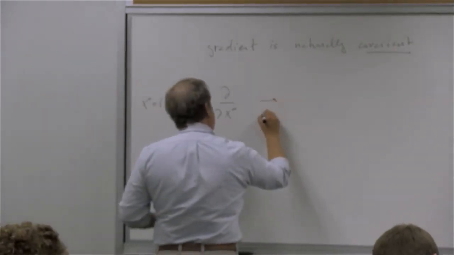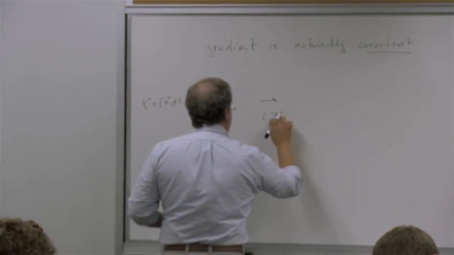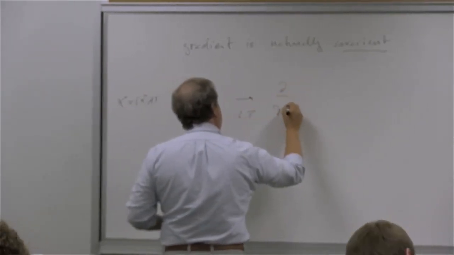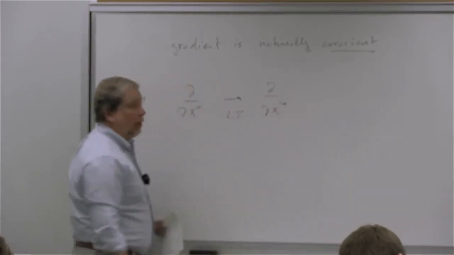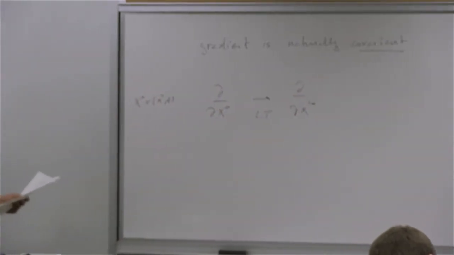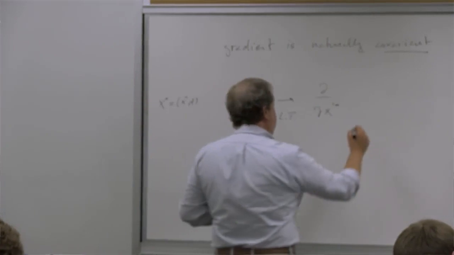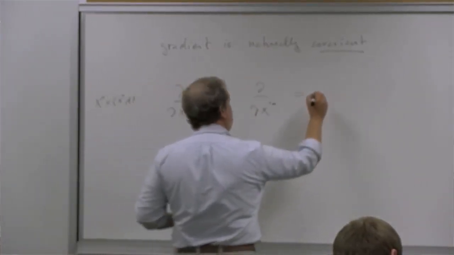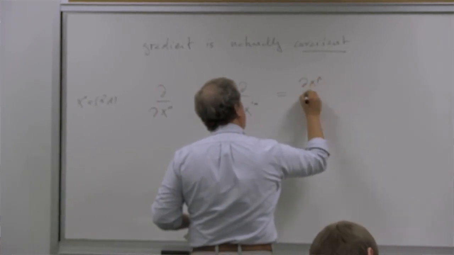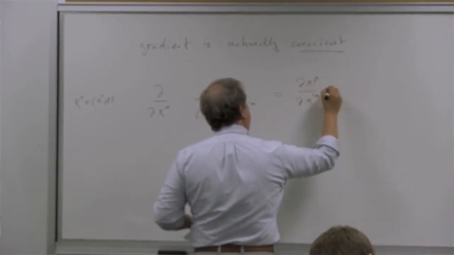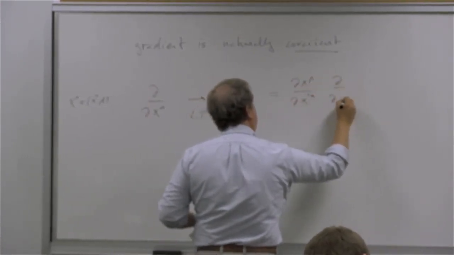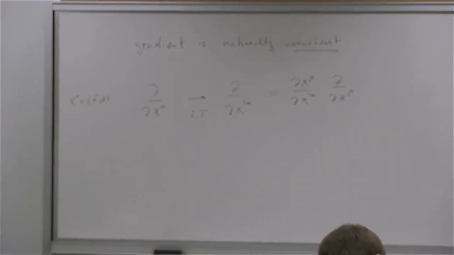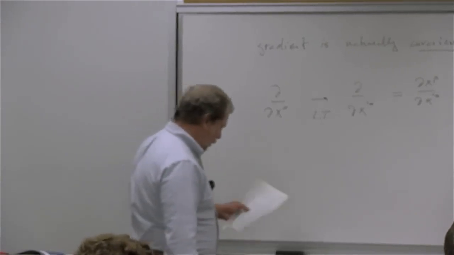So when you do a Lorentz transformation, then this goes into dx prime alpha like this, right? And now we can just use the rule that this is equal to dx beta by dx prime alpha times d by dx beta. You can write it in this way by just multiplying and dividing by differentials.